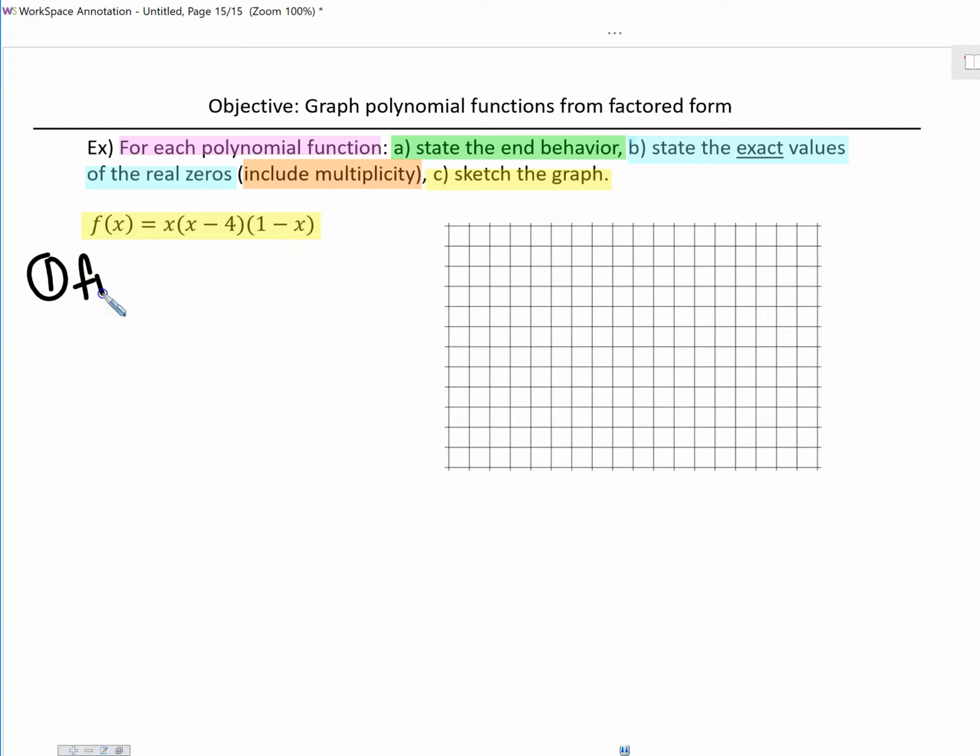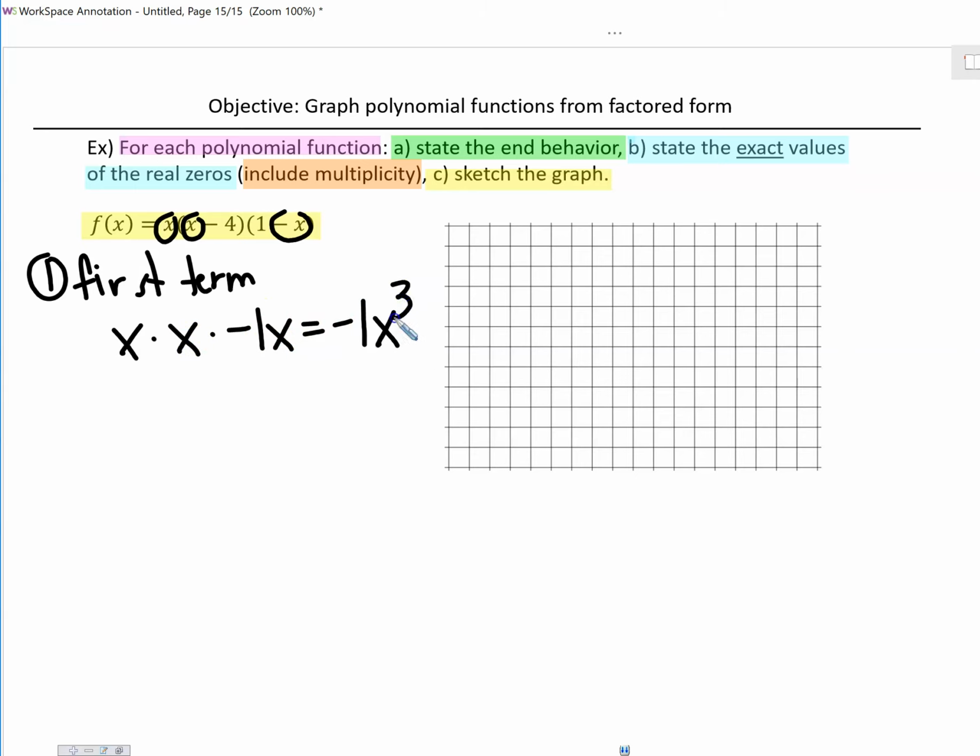And that first term is found by taking the monomial factor of x times all of the variable factors of the binomials. And this one we have to take as a negative x. So we're going to take x times negative 1x, and that's going to give us negative 1x cubed. All right, so we have x cubed.